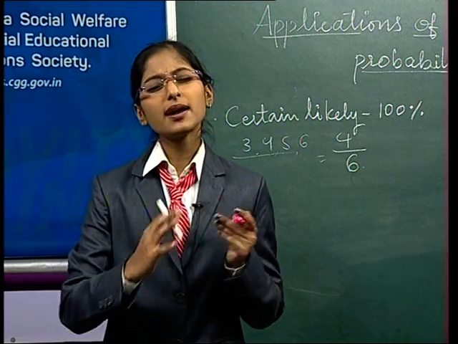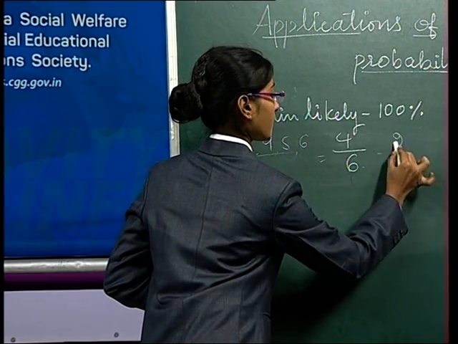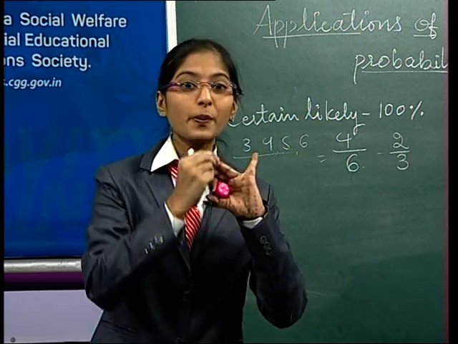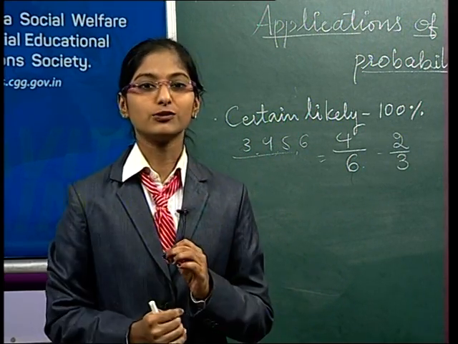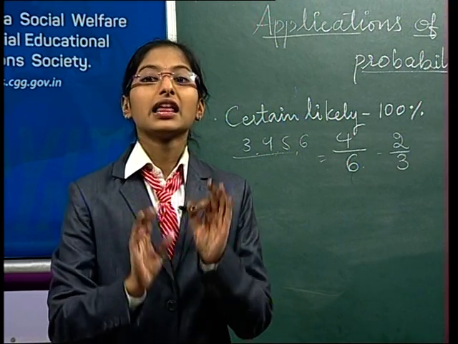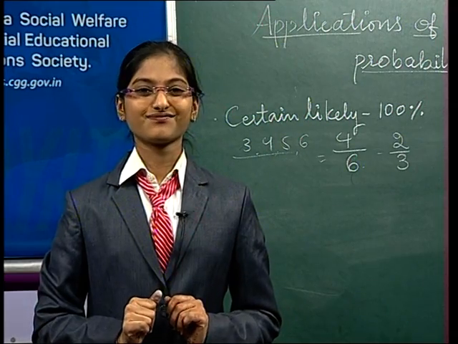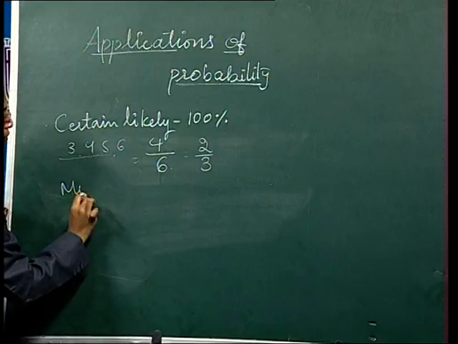That means it is a greater probability. If we simplify it, it is 2 by 3. Out of 3 parts, 2 parts are coming above 2, and 1 part remains below. So, this type of probability is called more likely probability.